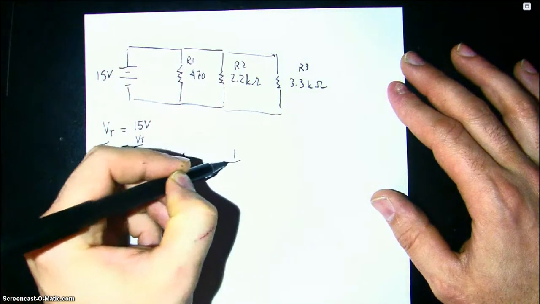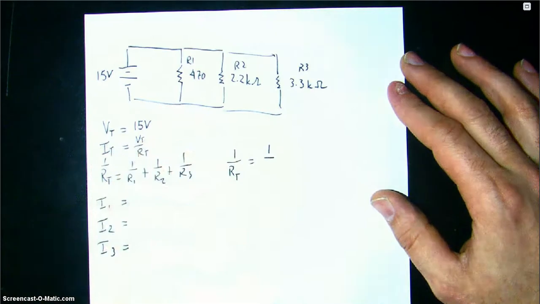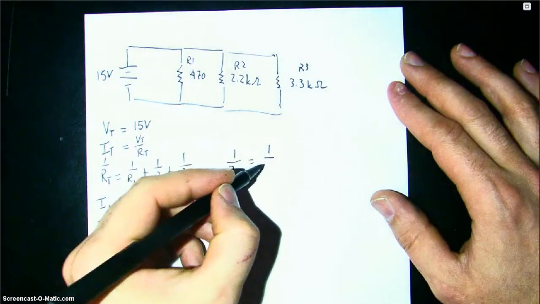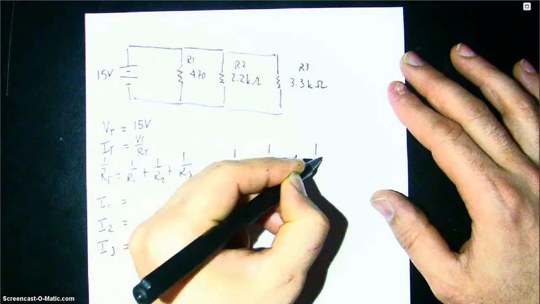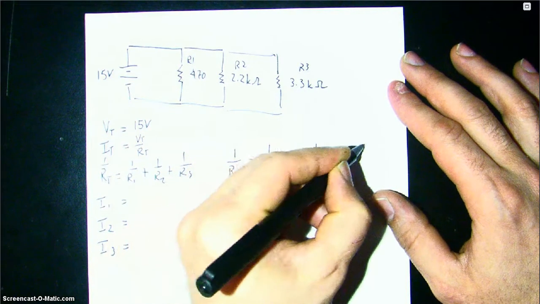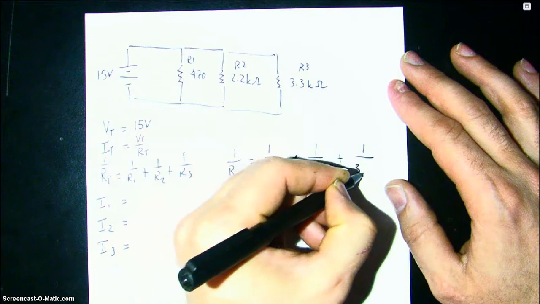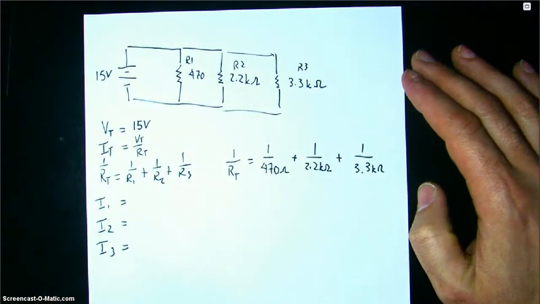First thing I'm going to do is carry over the 1 over RT, and then I'm going to say 1 over my 470 ohms plus my 1 over 2.2k ohms plus my 1 over 3.3k ohms. Okay?